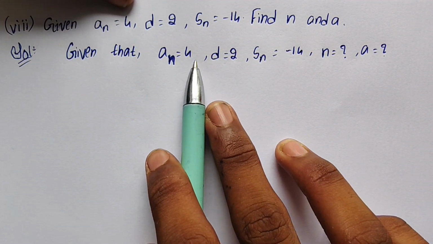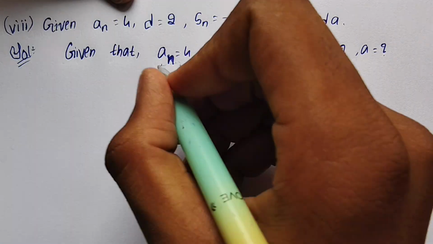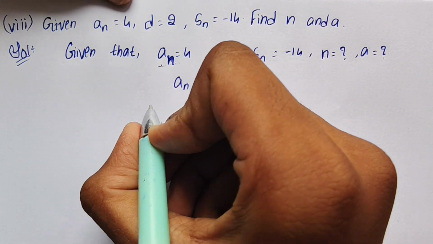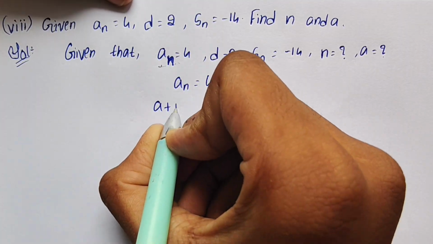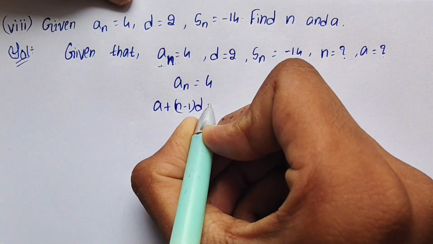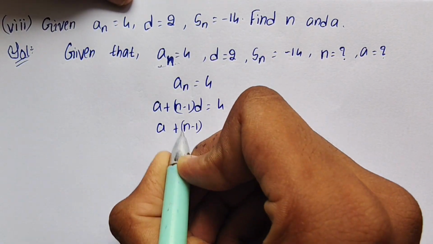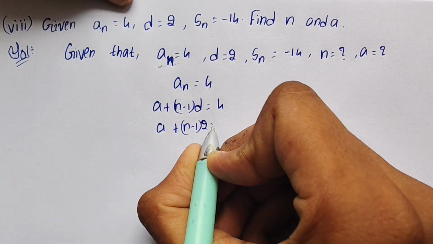First I am taking an equals 4. The formula for an is a plus (n minus 1) into d equals 4. So a plus (n minus 1) into the value of d, which is 2, equals 4.